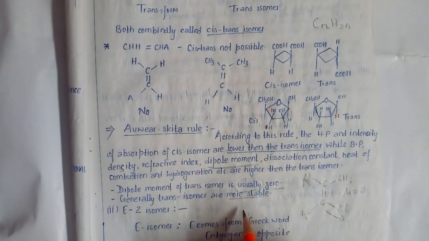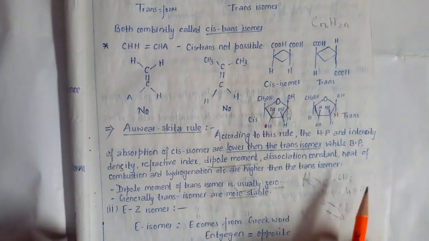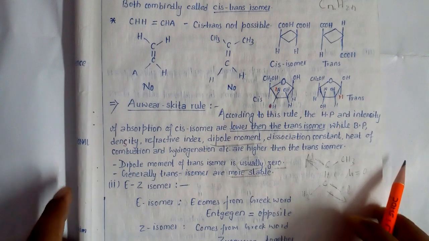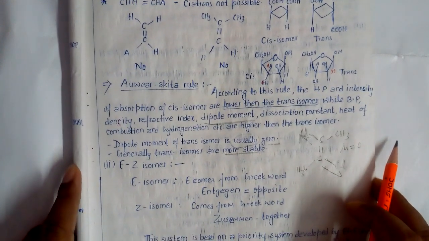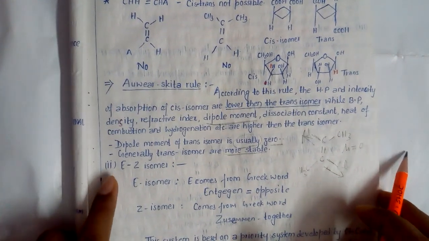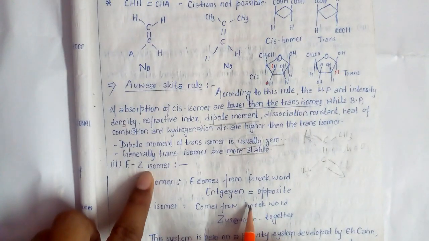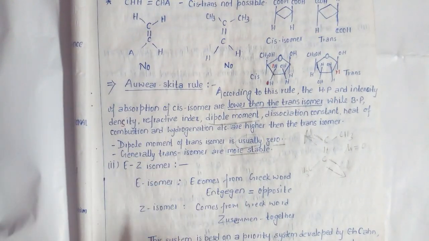Now come to the next isomers, and that is after cis and trans, this is EZ isomers. As already discussed, EZ isomers arise when all atoms or groups of atoms attached to the doubly bonded carbon atoms are of different types.